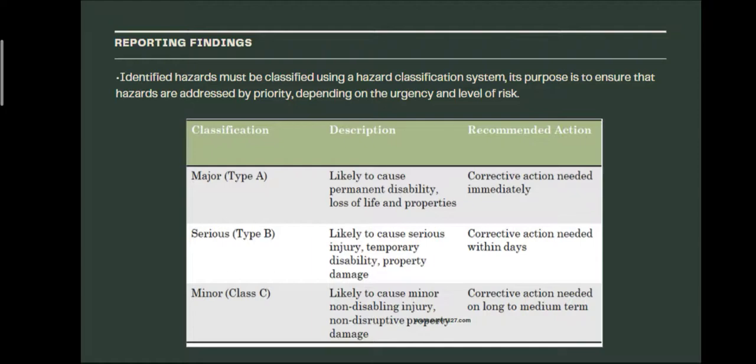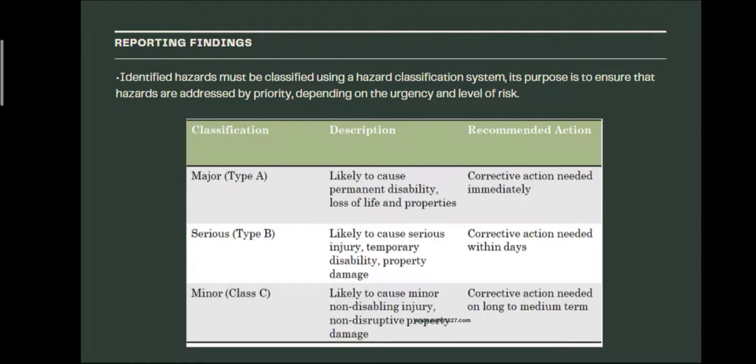For the major hazards, which is type A, its description is likely to cause permanent disability, loss of life and properties. Recommended action for this is corrective action needed immediately.